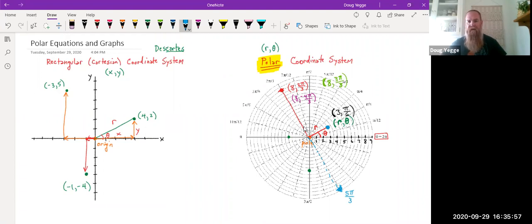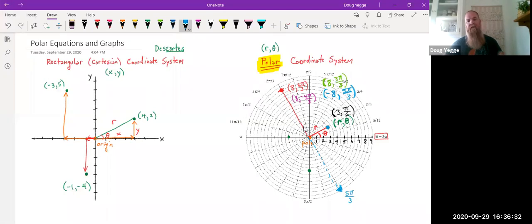So another way that I could actually describe a point in polar form is by pointing in the opposite direction, which would be at 5 pi over 3, and then walk backwards 8 units. So the way that we walk backwards is by making my r value negative. So this is the first time in trigonometry where we've determined that an r value could in fact be negative. It just means go in the opposite direction of the angle we're pointing in.